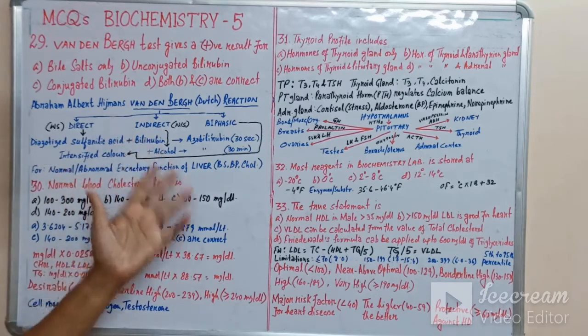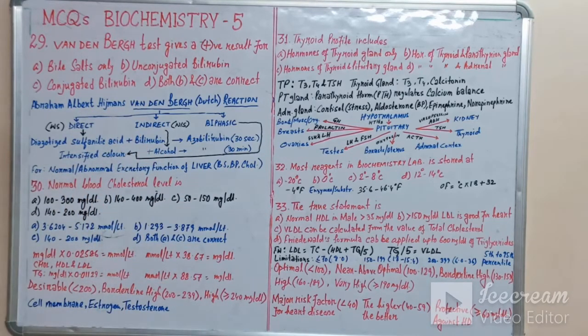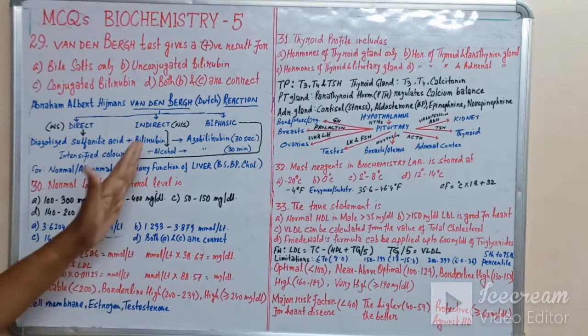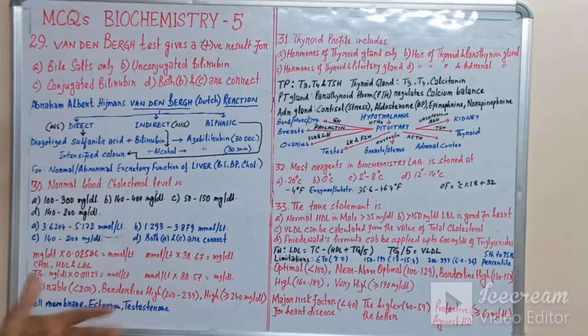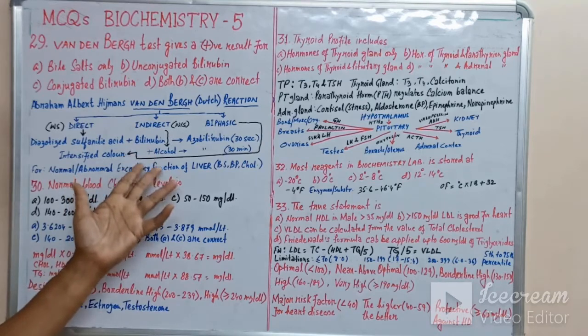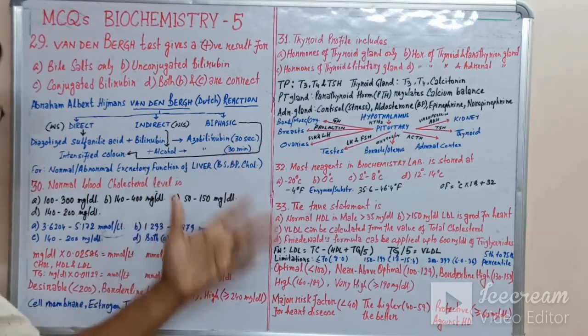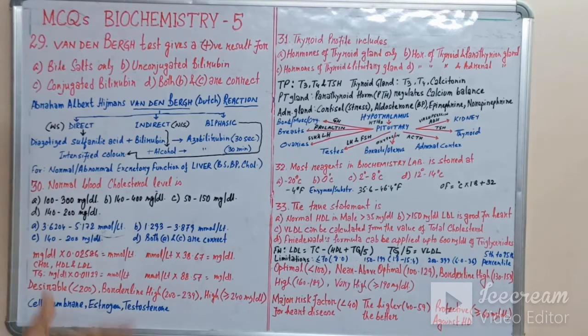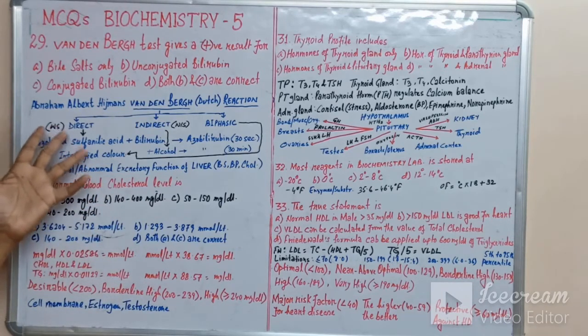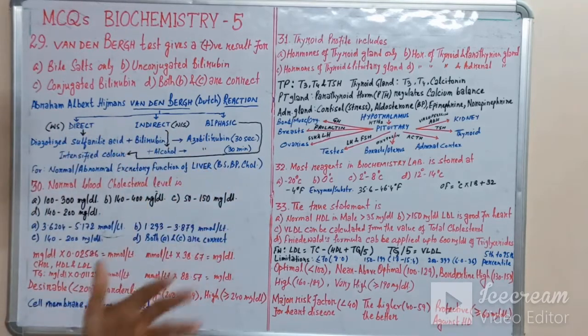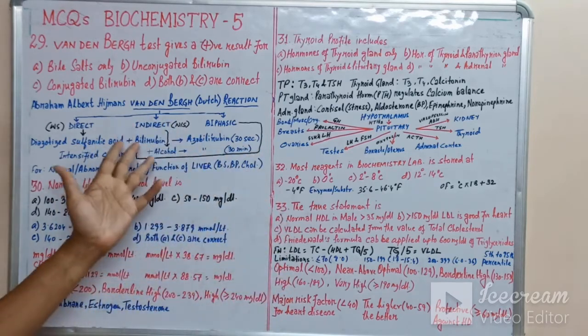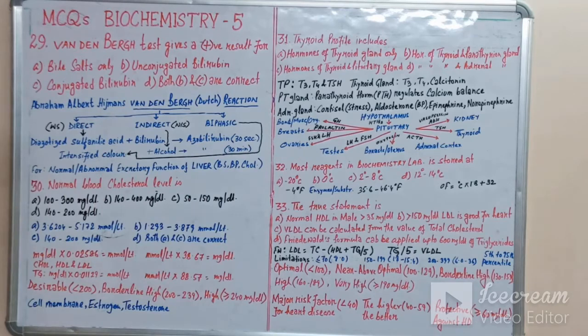Now indirect bilirubin, because it is water insoluble, demands another step: you have to add alcohol to dissolve it, and after adding alcohol, after 30 minutes, the azobilirubin compound is formed. So we see that direct and indirect differ only by time: 30 seconds for direct and 30 minutes for indirect.